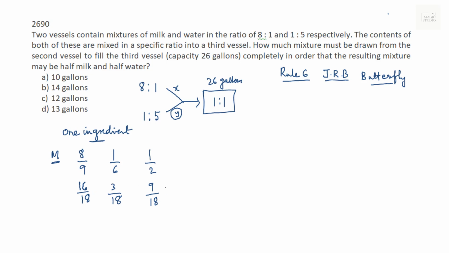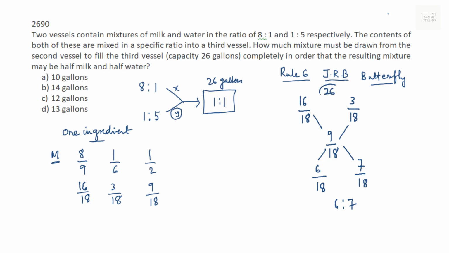Now let us see how we can use these three in the cross diagram. 2/18, pardon me, it is 2/18 is mixed with 3/18 to get 9/18. Distance between these two is 7/18, and distance between these two is 6/18. Ratio is 6:7. We just need to divide 26 gallons in the ratio of 6:7.